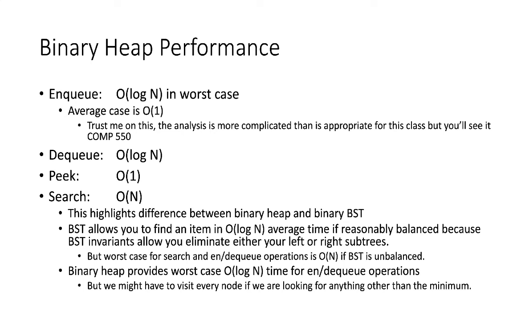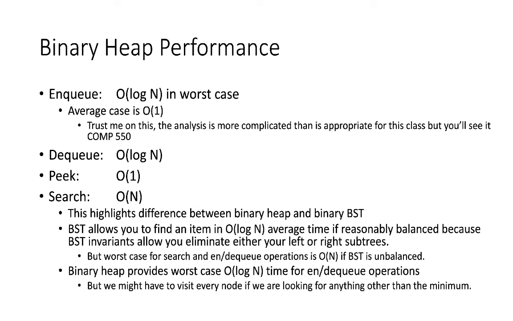It turns out that the average case enqueuing performance is actually constant time. Now, I'm not going to go through the analysis on this because it's a little complicated and more complicated than is appropriate for this particular class. But when you take Comp 550 you should end up seeing the analysis of enqueuing into a binary heap and being able to calculate its average case performance as being constant time once you get into that class.